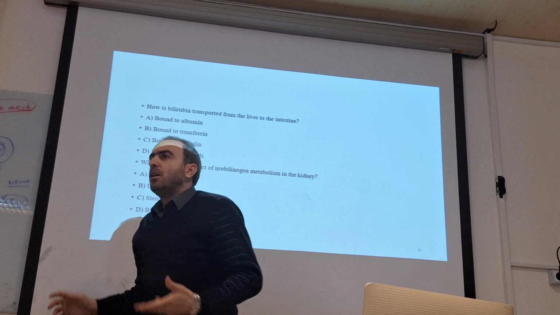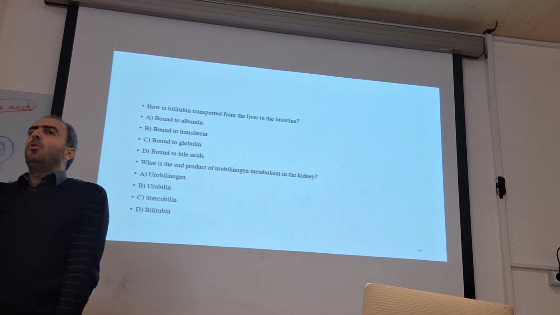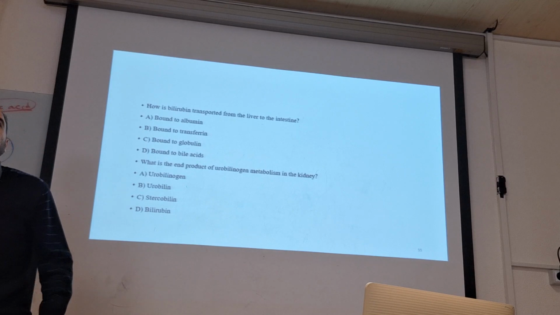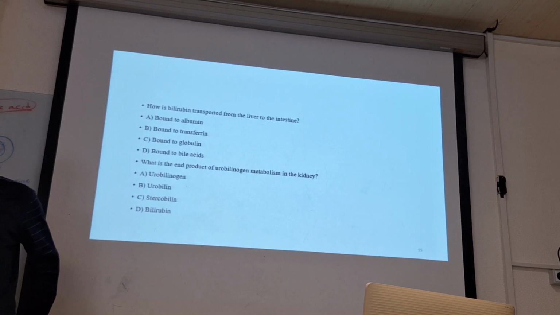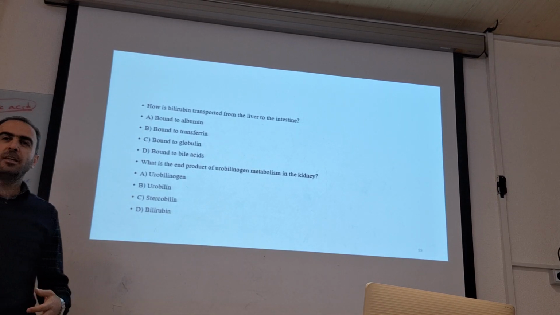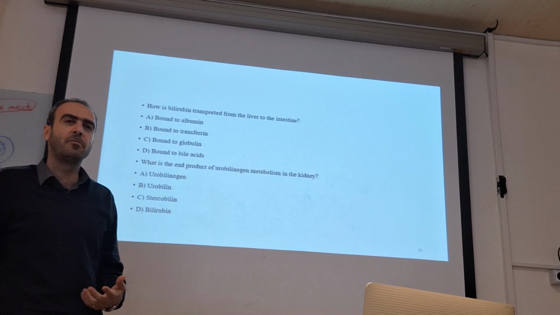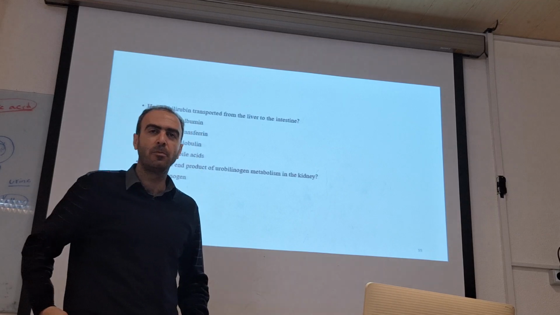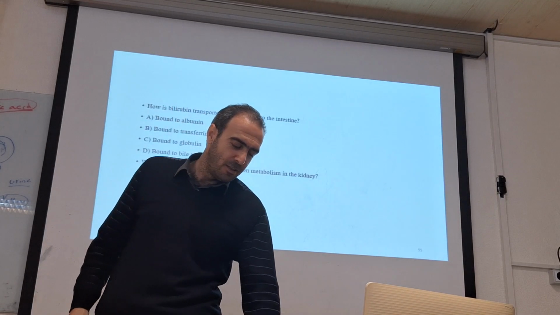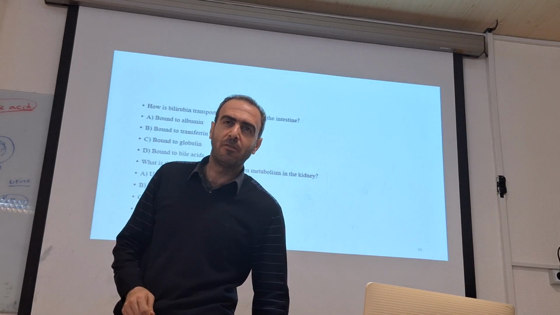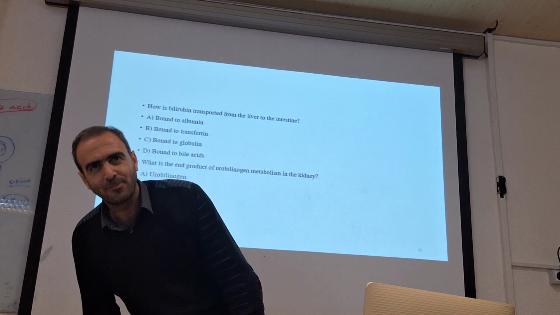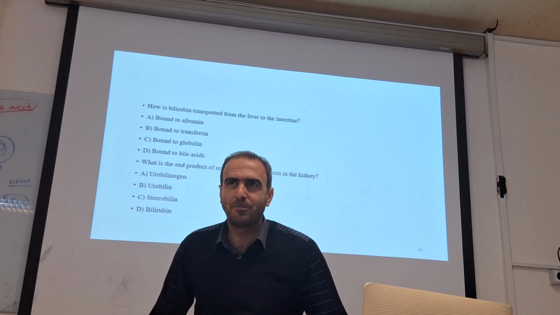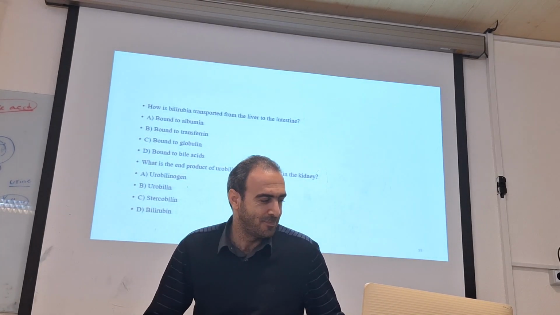Great. So, what do you think about the number of hemoglobin in one RBC? How many hemoglobin do we have in one RBC? It has 4 subunits. But how many hemoglobin molecules do we have?